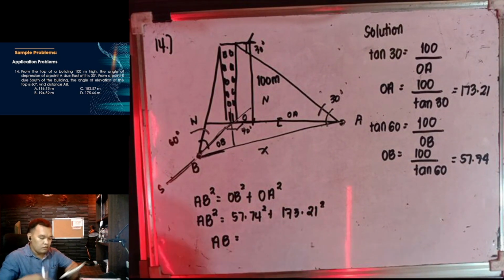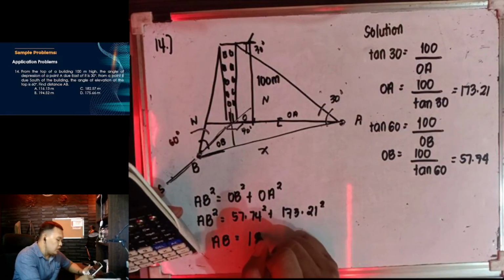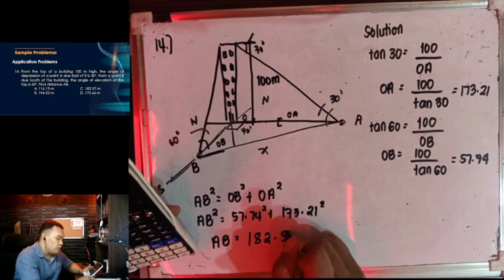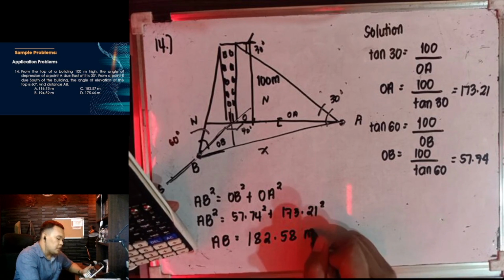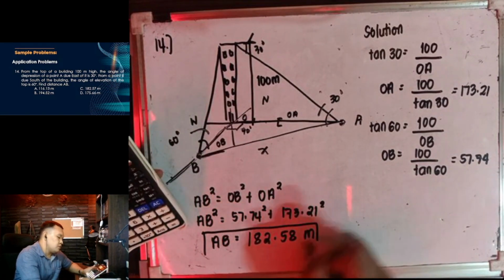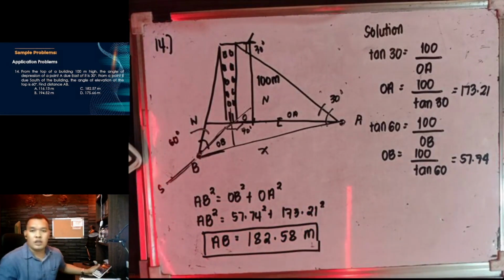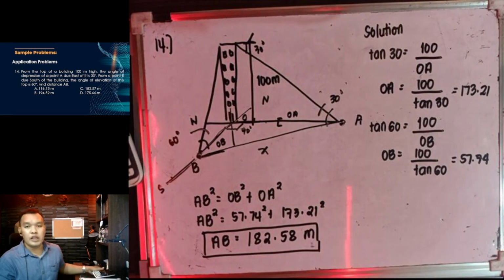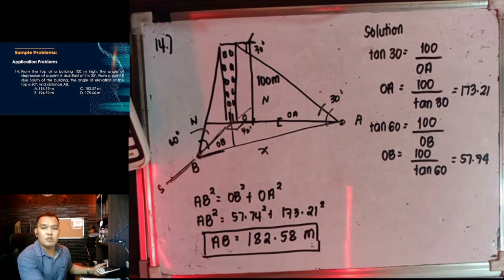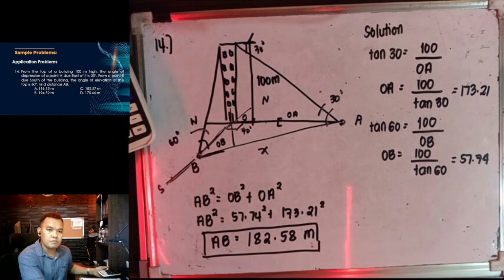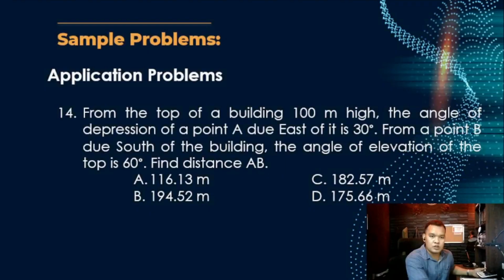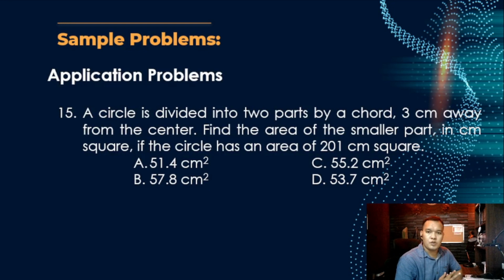Therefore, the value of AB is equivalent kay 182.58 meters. So, the distance from A to B is equivalent kay 182.58 meters. Okay? So, proceed tayo sa another problem. So, the answer here is 182.57, letter. Okay, so let's proceed to problem number 15.